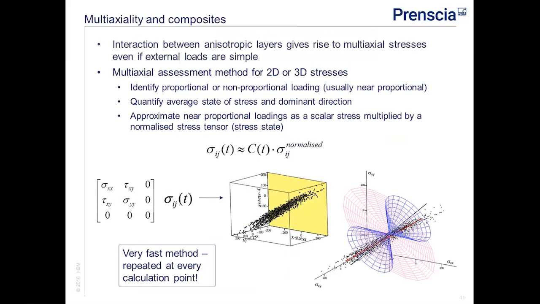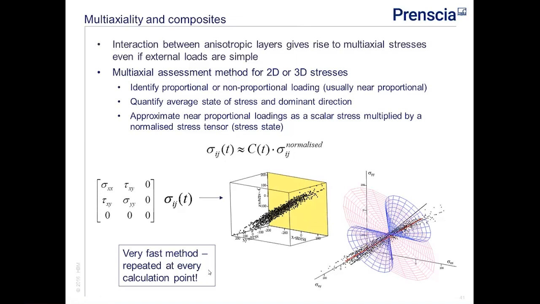And finally, for the large number of cases that turn out to be nearly proportional, it also allows us to approximate the stress history as the product of a scalar and a tensor that represents the average stress state. So this gives us some very efficient processing options. If this sounds rather complicated, it's actually very fast, and it's so fast that we repeat this at every calculation point, every node or element that we're considering in the model.